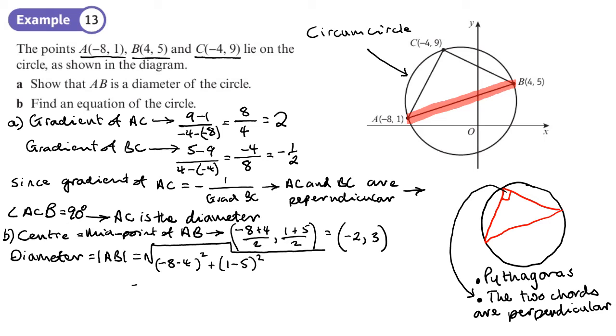So let's work that out. That's going to be the square root of -12 squared plus -4 squared. Oops, let's put the bracket in the right place.